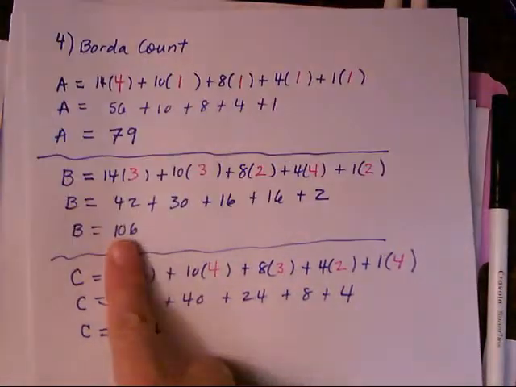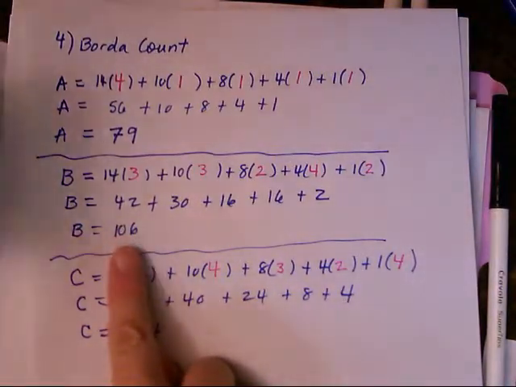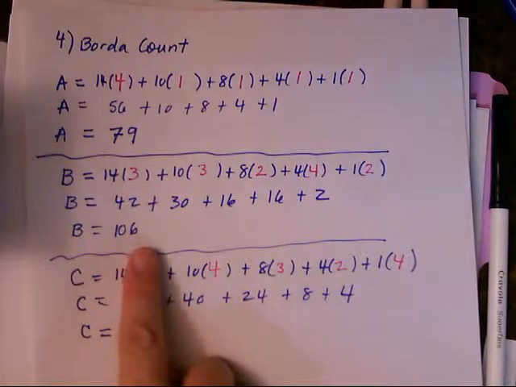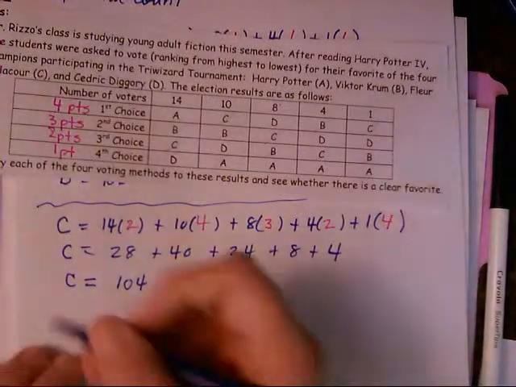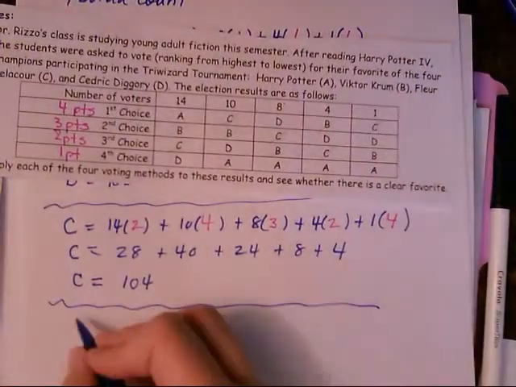Okay, and so at this point, B is more popular with this particular scheme. That's Victor Crumb, and I don't believe he's won yet. This first example I kind of rigged for you.